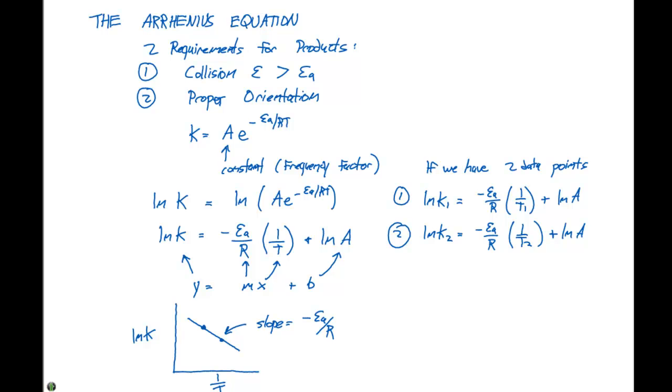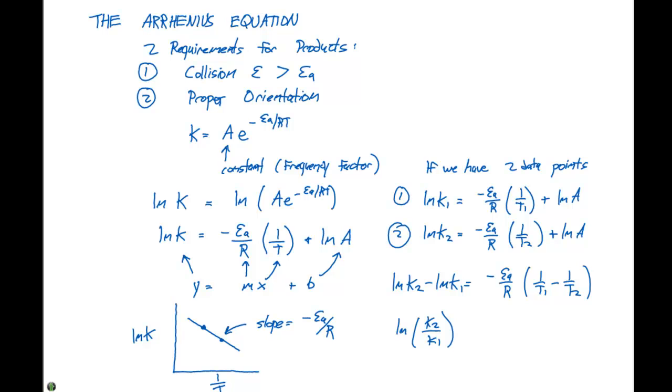If we rearrange these two and set the natural log of A, which is a constant, equal to each other, we can get the following expression. We'll have ln of k2 minus ln of k1 is going to equal negative Ea divided by R times 1 over T1 minus 1 over T2. We can further manipulate this expression to give what it shows in our textbook, the ln of k2 divided by k1.